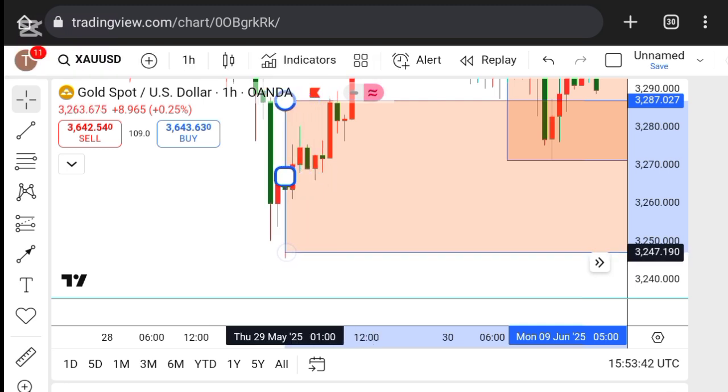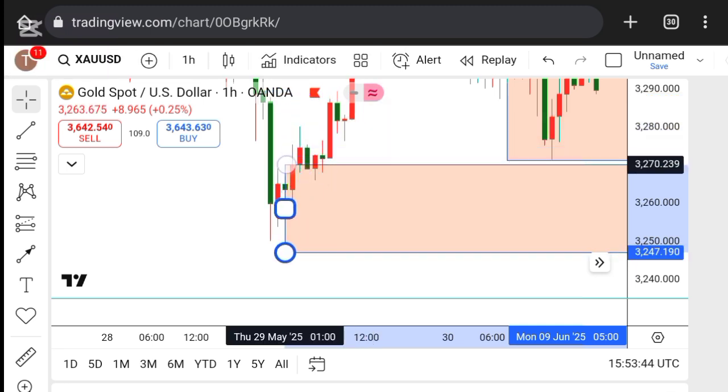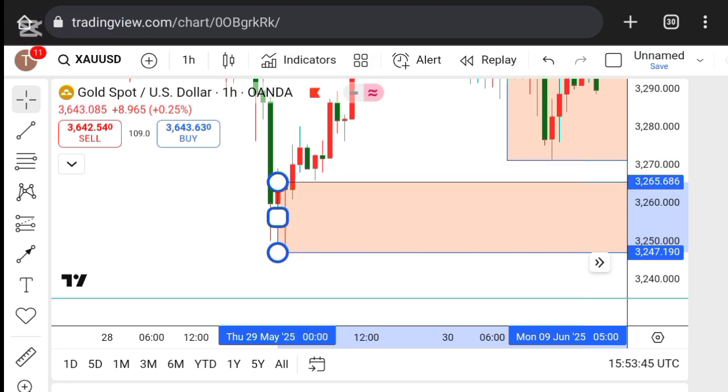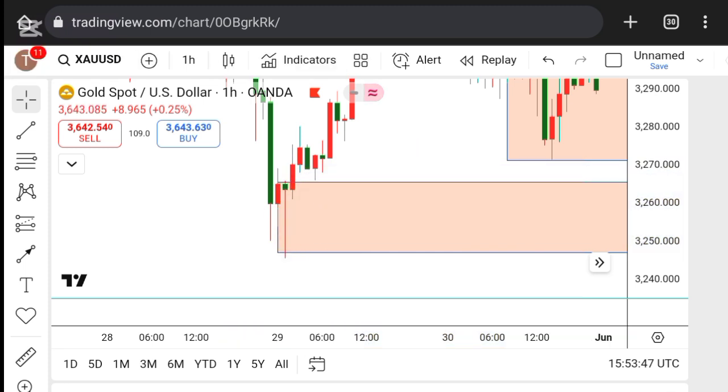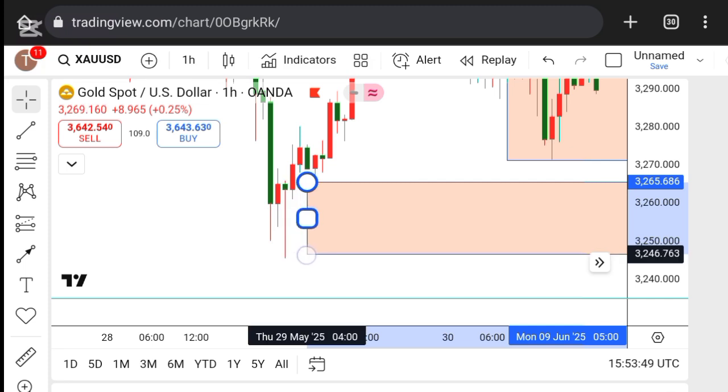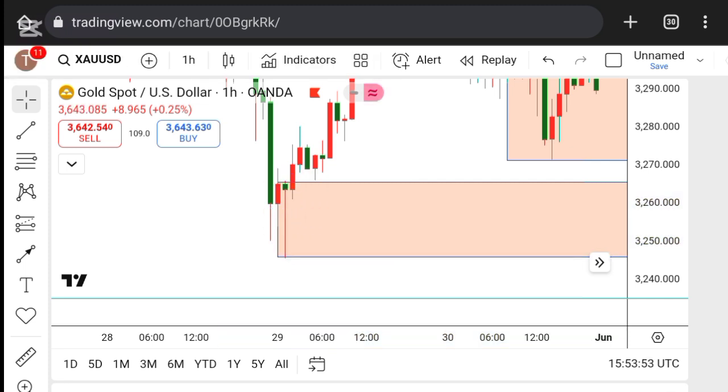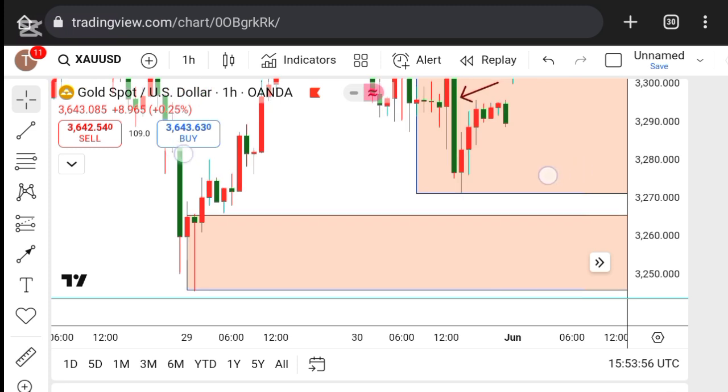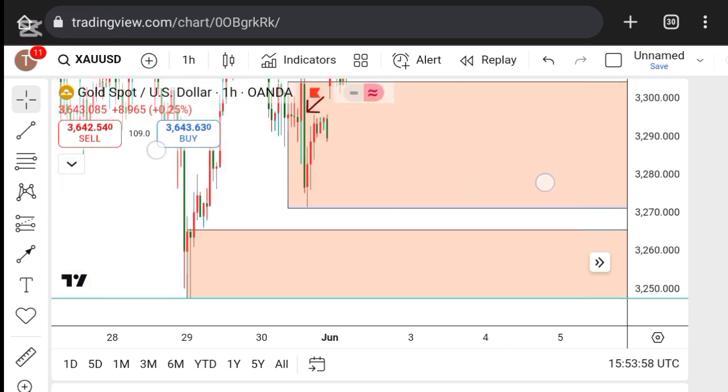You know, we had two zones on our H4. H4 tells us that we have those two zones.